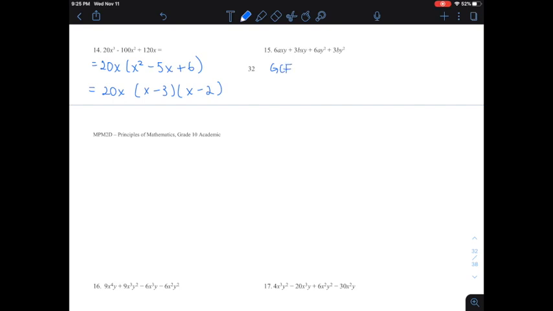Okay, let's look at the next one. If we take a GCF, we can see, okay, and then within this bracket, we will group.